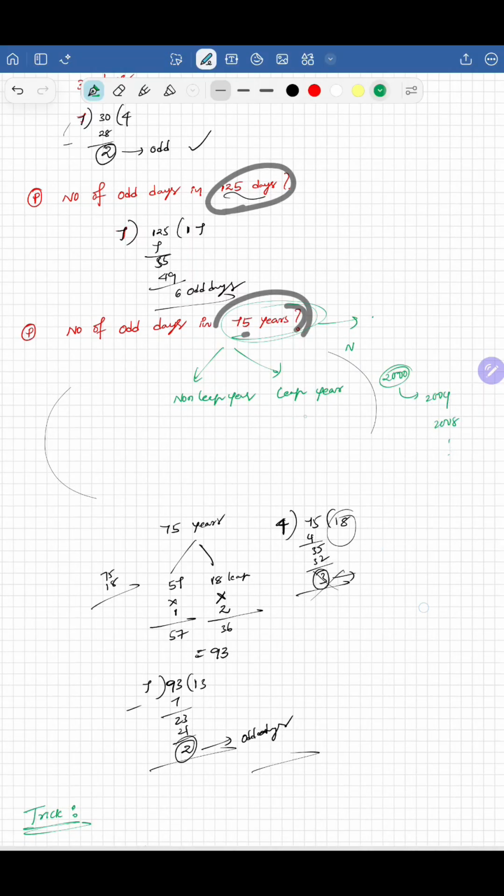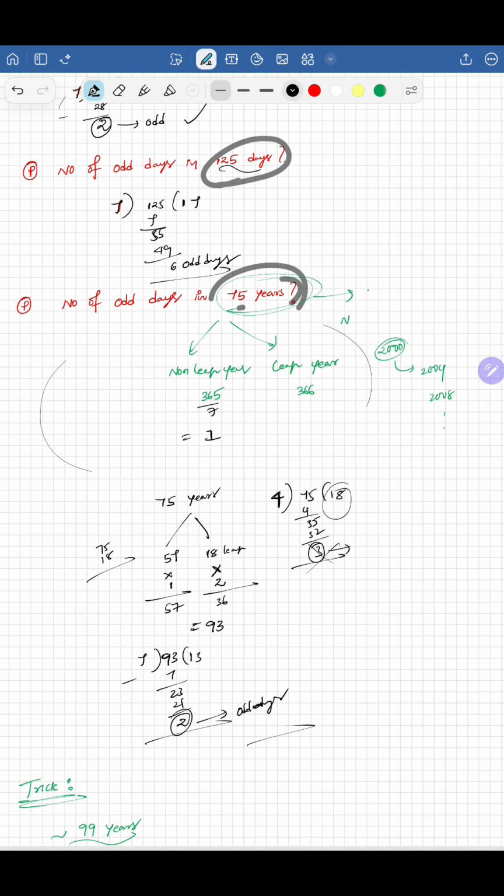A leap year consists of 366 days, a non-leap year 365 days. So how many odd days are there in a non-leap year? You divide by 7 and you find only one odd day. How many odd days are there in a leap year? You divide by 7, you will get 2 odd days.